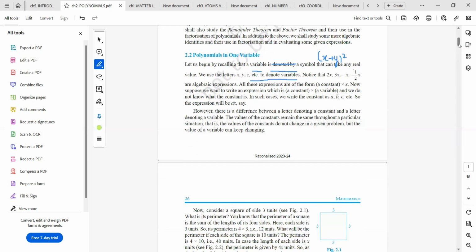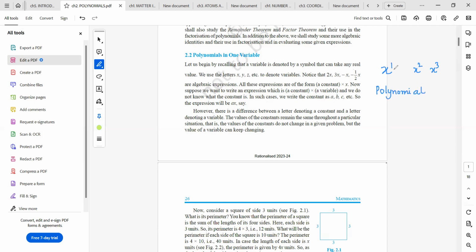Now, we have the algebraic expressions in the form of power of x. Like x to the power 1 or x to the power 2 or x to the power 3. So whatever is the power, polynomials come from this.